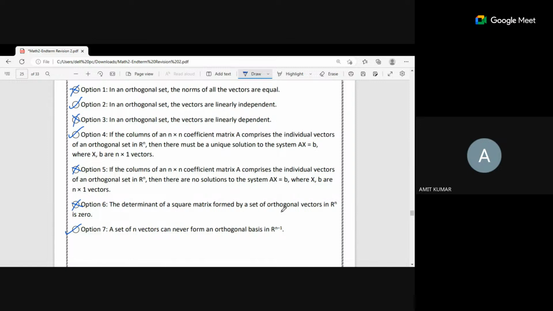A set of n vectors can never form an orthogonal basis in Rn minus 1. True. So what happens to Rn minus 1? Suppose you have n vectors in an orthogonal basis, v1, v2, vn. What is the dimension of the space corresponding to it?